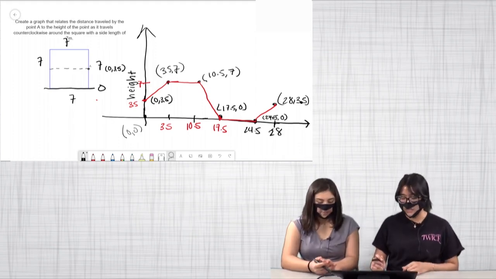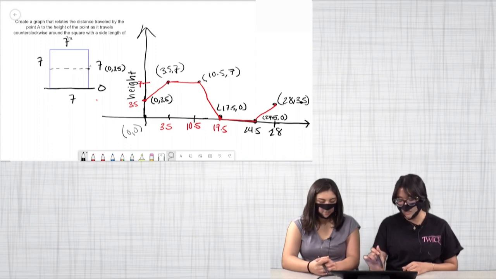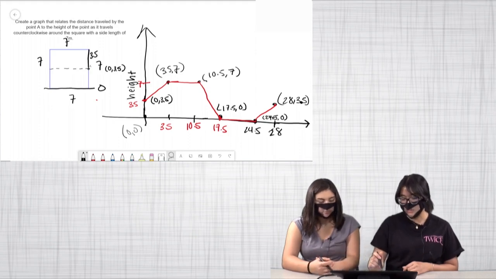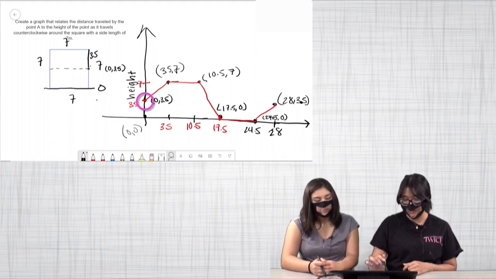So for this one, we changed it because our original graph didn't account for this right here. This is 3.5. So we had our original initial starting point at 0, 0, when it should be at a height of 0, 3.5 because we're starting halfway up.